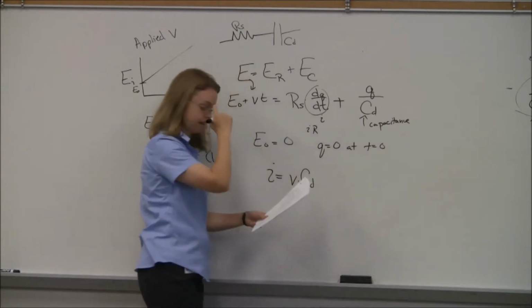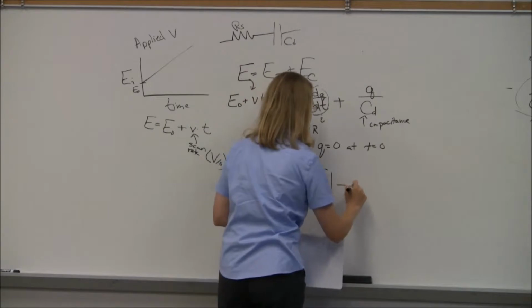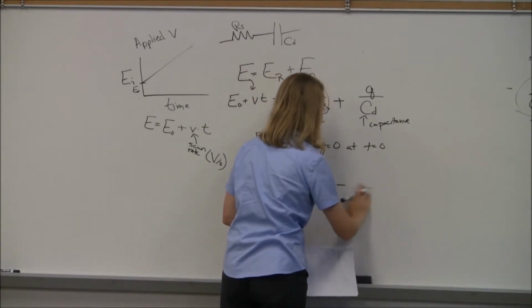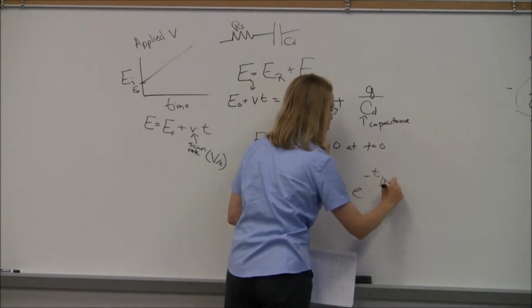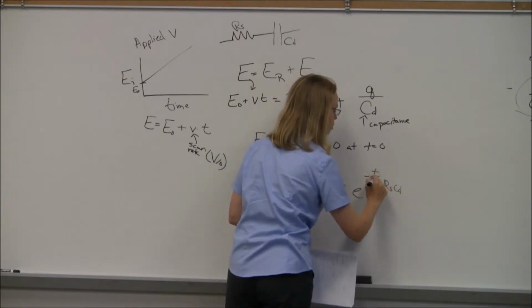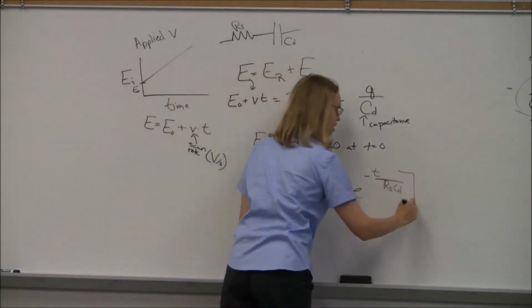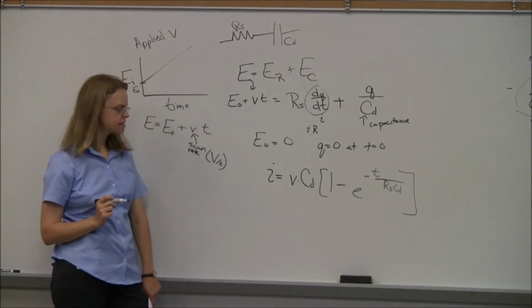Little v, that's scan rate, times double layer capacitance, times 1 minus e to the minus t over RC. I'll do it that way. Okay, so what that says, let's look at this.